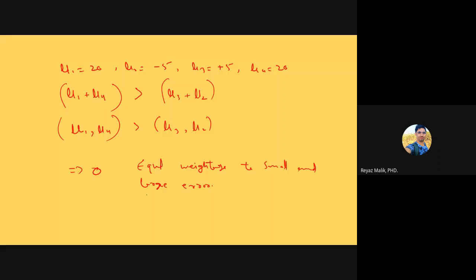What does it mean? When we sum up U1 plus U4, it is 0. When we sum up U3 plus U2, it is also equal to 0. That means equal weightage. It doesn't highlight the error correctly. It doesn't estimate the error correctly. So there exists the problem.